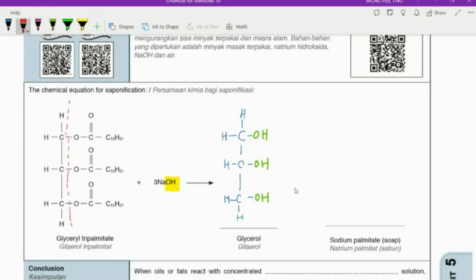And the remaining, so you have C15 now. I put it to the right hand side and then H31. Then C and O. Then here it's Na plus.